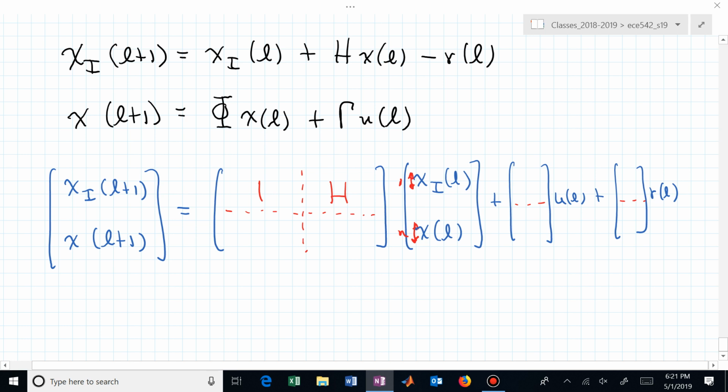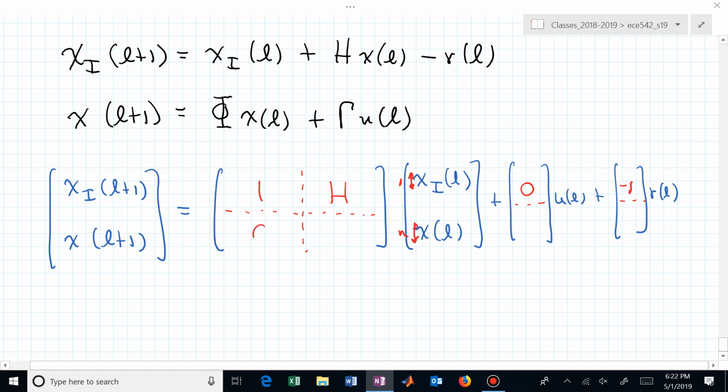Do I have any u in the top row or in the top dynamic equation? No, but I do have an r, and that's now minus 1. What's in the bottom row? Do I have any x sub I explicitly impacting the dynamics of x at time L plus 1?